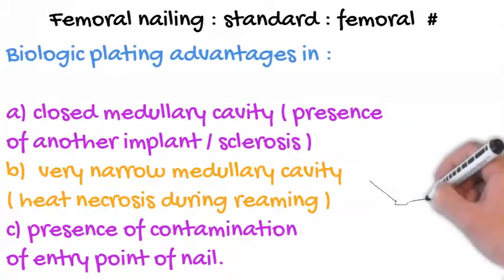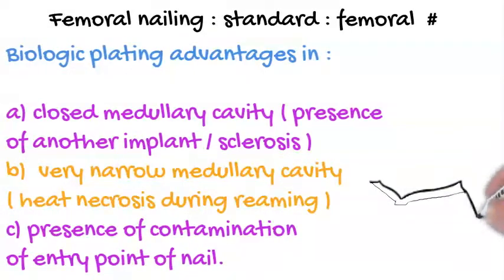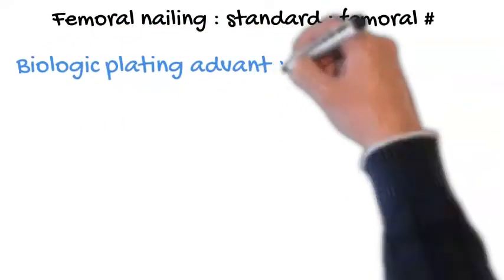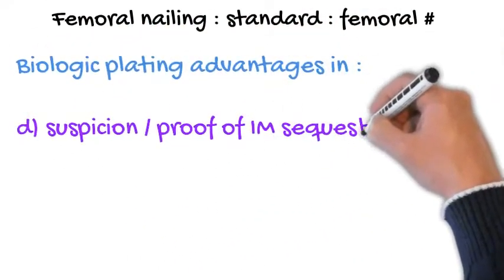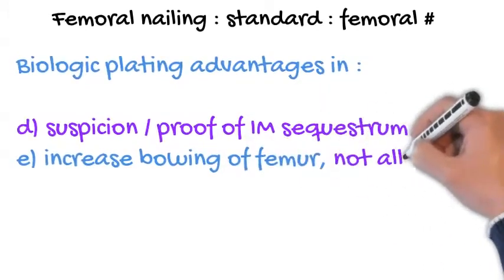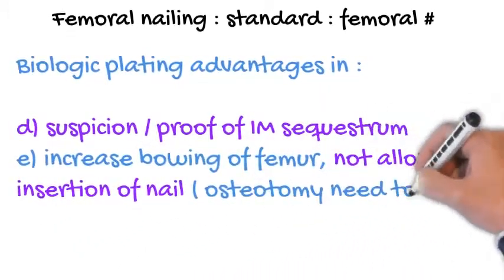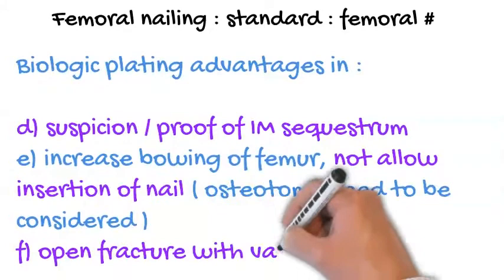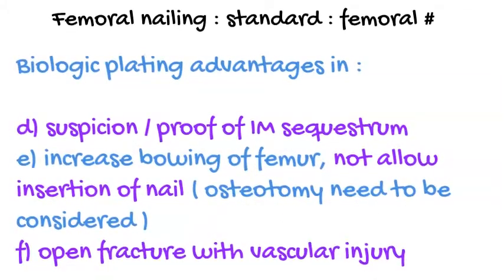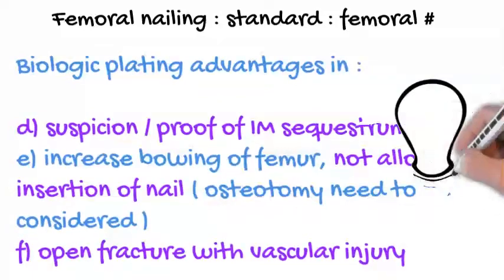C. Presence of contamination of the entry point of the nail. D. Suspicion or proof of intramedullary sequestrum. E. Increased bowing of femur that does not allow the insertion of nail. In such cases, additional osteotomy needs to be considered. F. In an open fracture with vascular injury, biologic plating is an advantage.